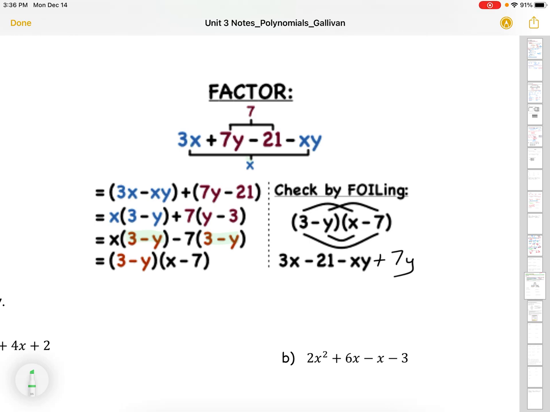This is a very bad example, I'm sorry. Because they're similar, but we had to divide by a negative so I could get them in the right order, okay? Basically, I get 3 minus y times x minus 7. I FOIL, and when I FOIL that, I get this.